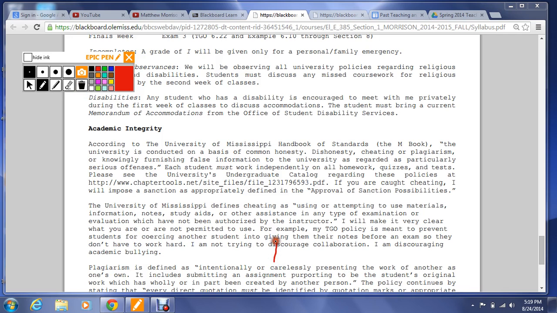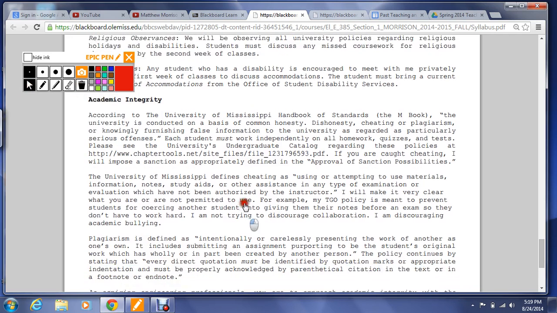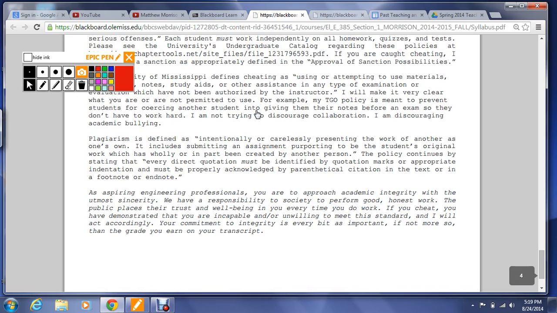Again, I've put here that plagiarism is intentionally or carelessly presenting the work of another as one's own. And last thing, I have a little spiel here. As aspiring engineering professionals, you are to approach academic integrity with the utmost sincerity. We have a responsibility to society to perform good, honest work. The public places their trust and well-being in you to do good work.